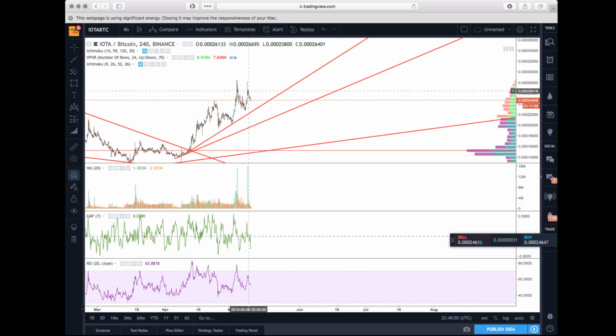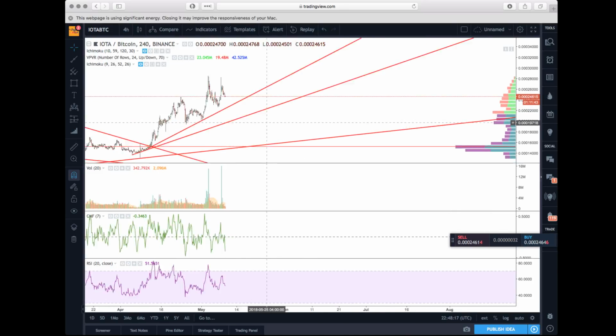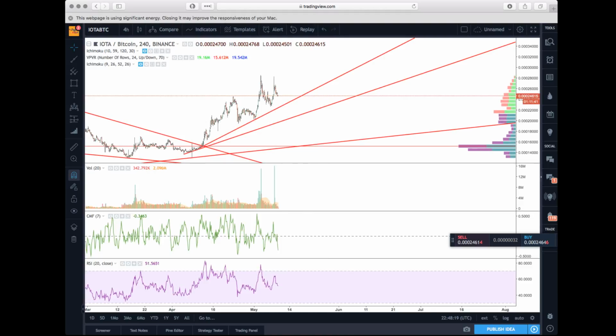That can throw stuff off. So we can see it's kind of retracing. It looks like it wanted to retest this line, but it didn't get there because of this big buying action. And maybe there was some story that came out that caused that to happen as well. I don't know. I'm just looking at the price action. I don't care so much about some story that caused it. This is just what I can determine based on the price action alone.